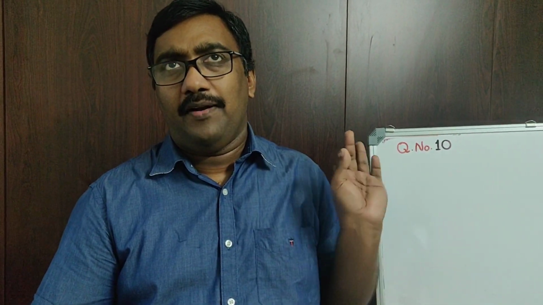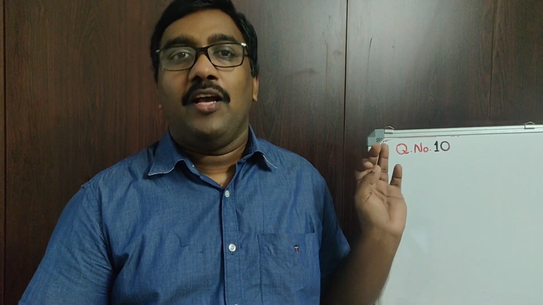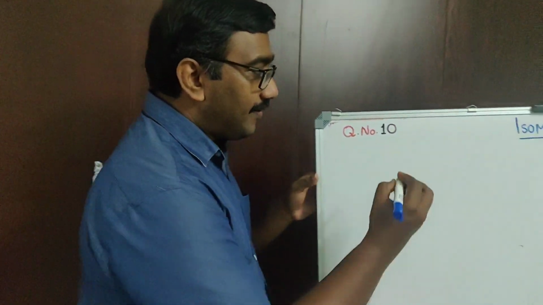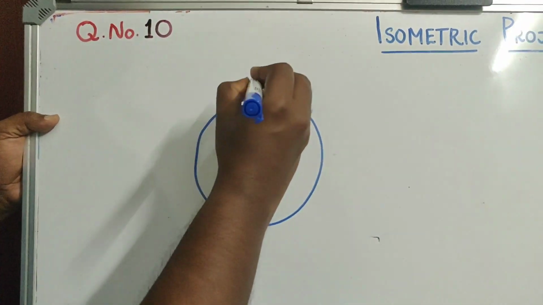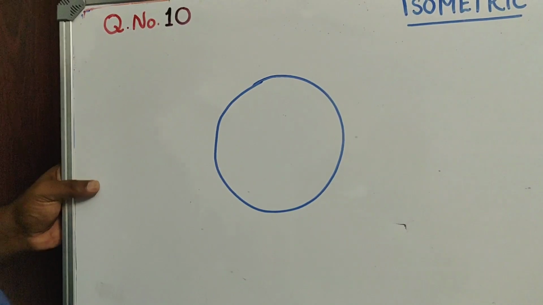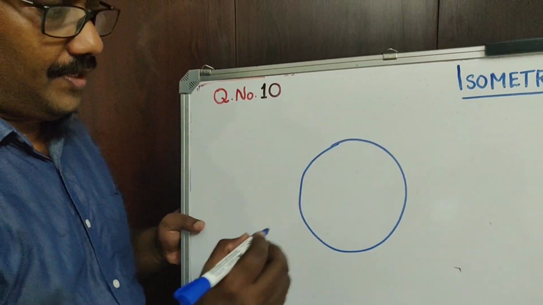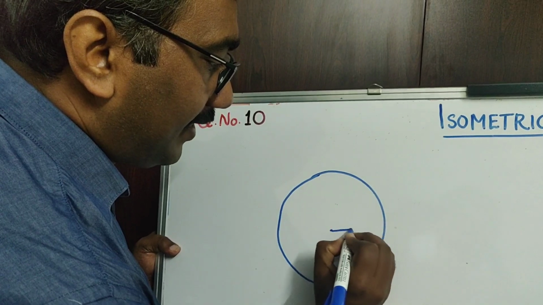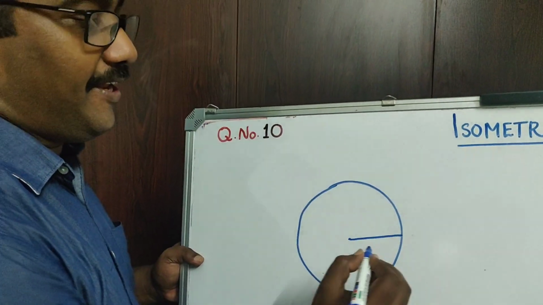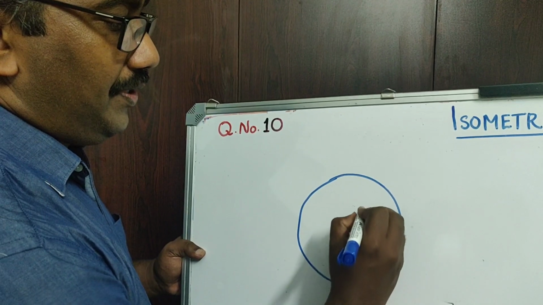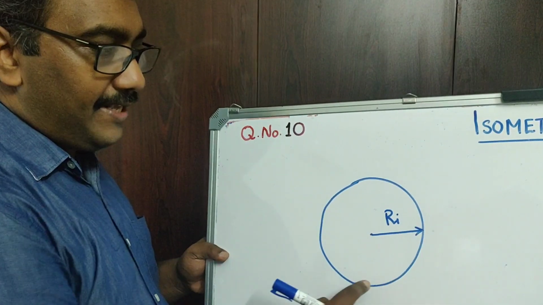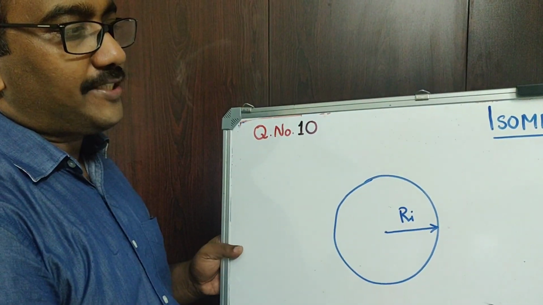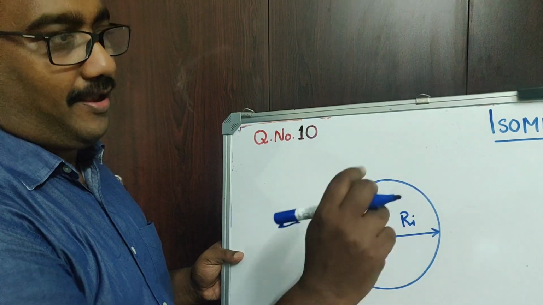This is a simple expression given for isometric view and isometric sphere. Consider this as the isometric view or isometric projection of the sphere. The most important thing is how the radius modifies finally. This is known as the isoradius, the radius of the isometric view or isometric projection, which can be considered to be Ri.